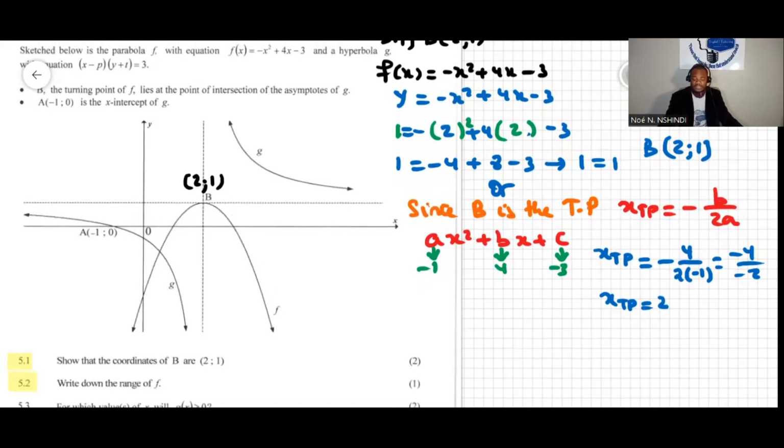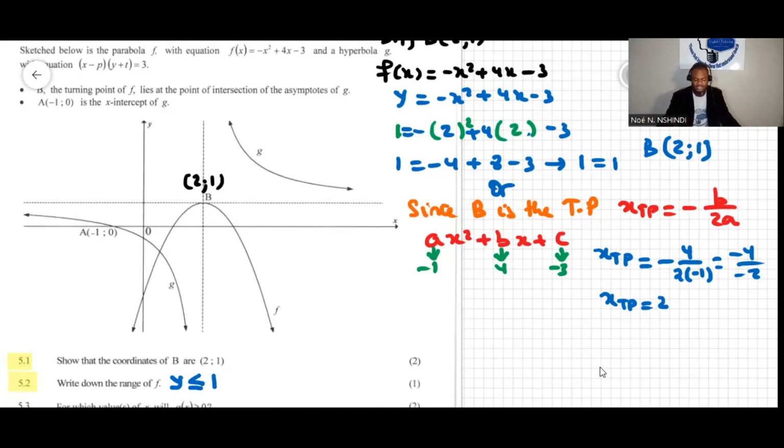If they ask for the range, it means the range cannot exceed the y coordinate of B. So over here, the range will just be y must be less than or equal to 1, because the range is all the accepted y values. The highest value for this parabola is 1. Above 1, it's not lying on the parabola, but it's only 1 and less than.